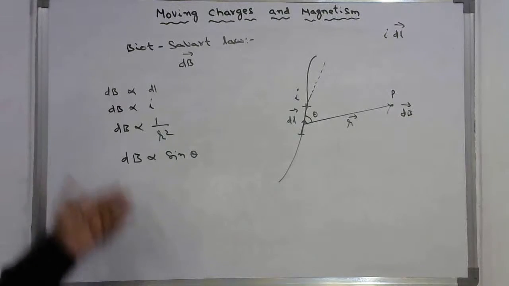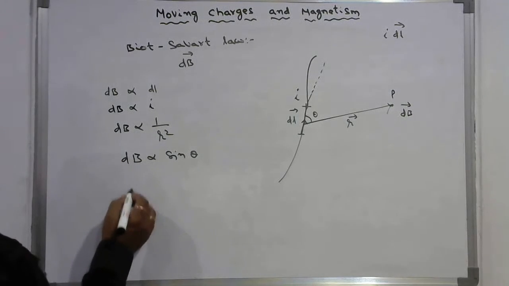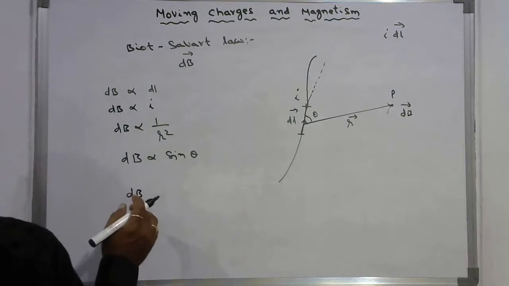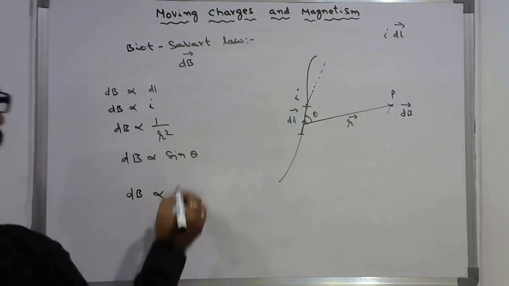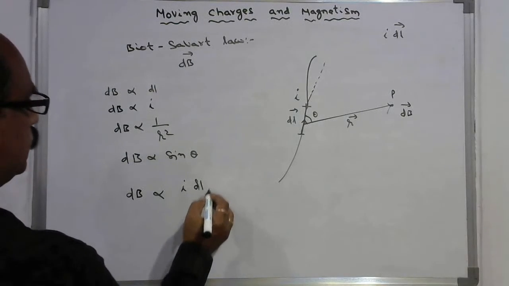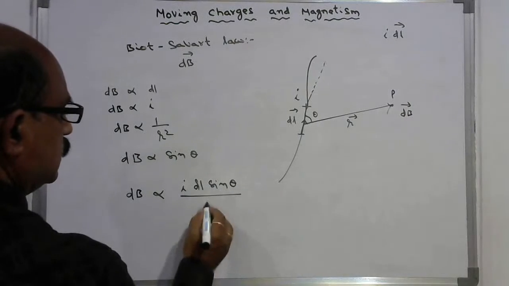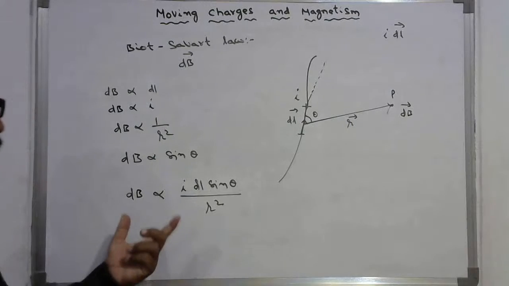So if you combine all these, we can write dB is proportional to I dl sin theta by r square. So this is only proportional.